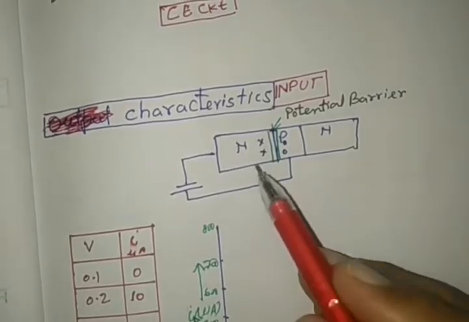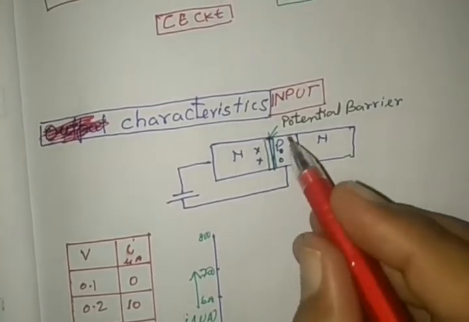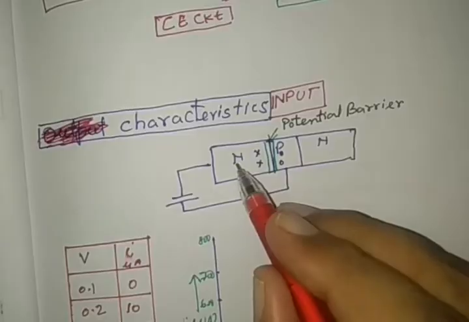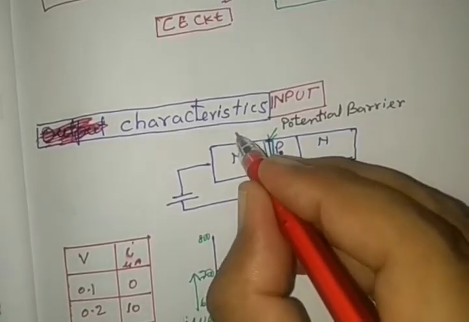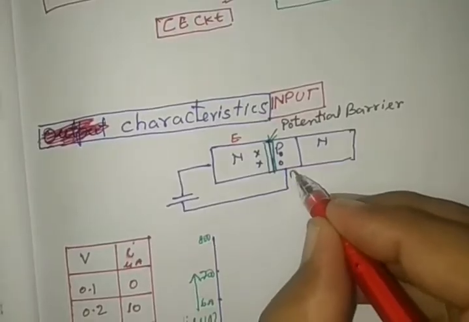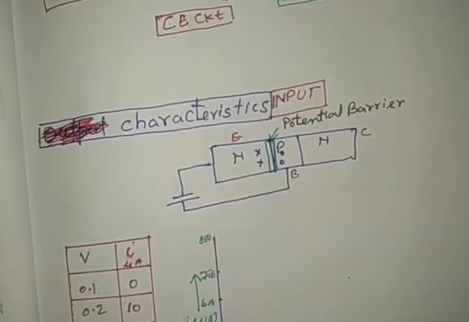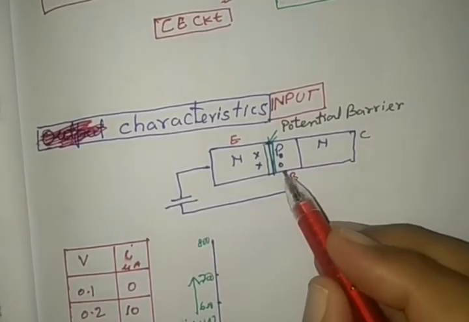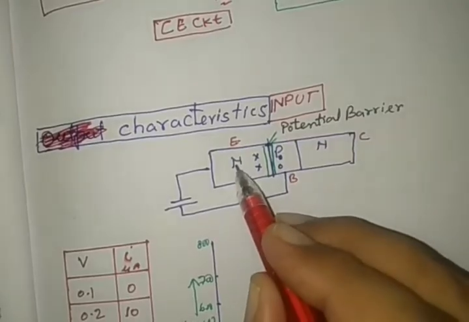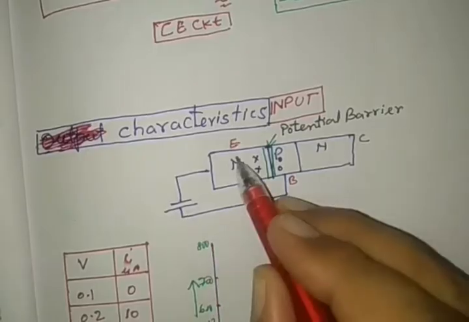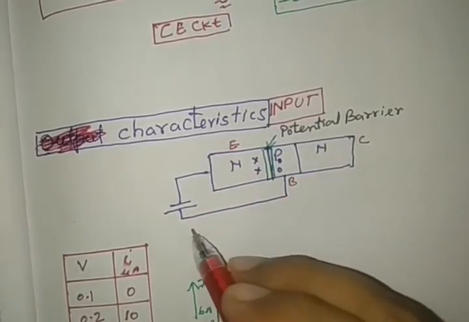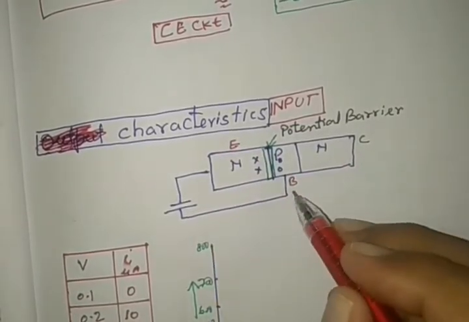To understand the input characteristic, see this circuit diagram. It is an NPN transistor with emitter, base and collector. The input is between the emitter and the base. The emitter is common in this case, and the collector.